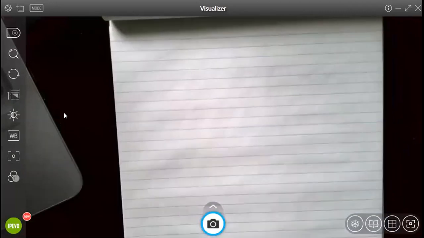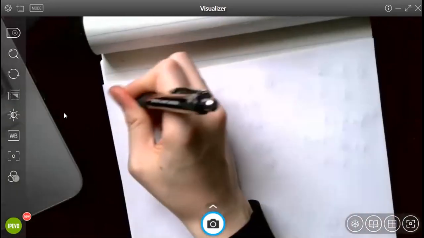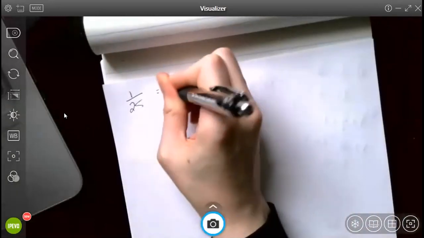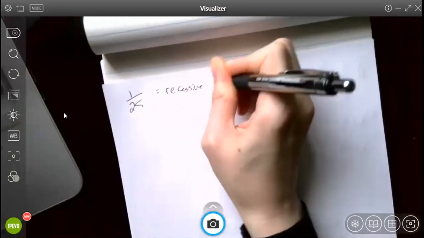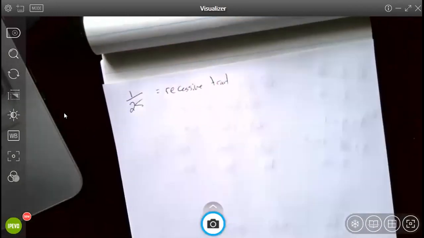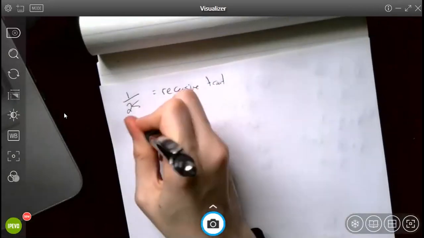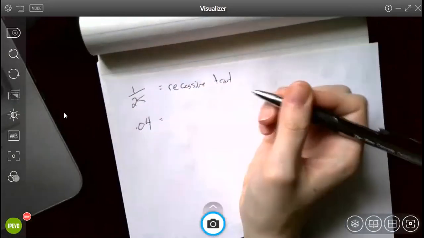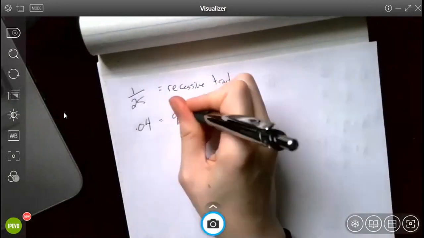Okay, let's try the last one. It says that 1 in 25 have the recessive trait. So 1 divided by 25 is 0.04, and a recessive trait is our q squared.